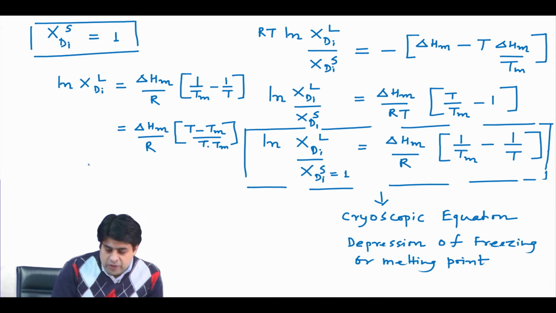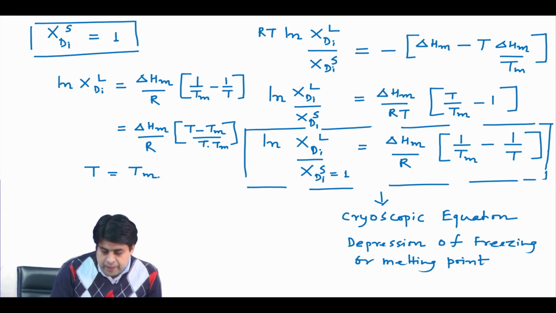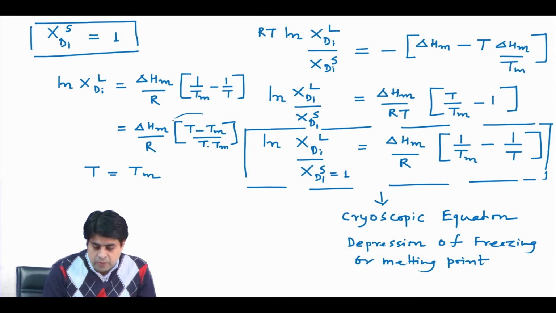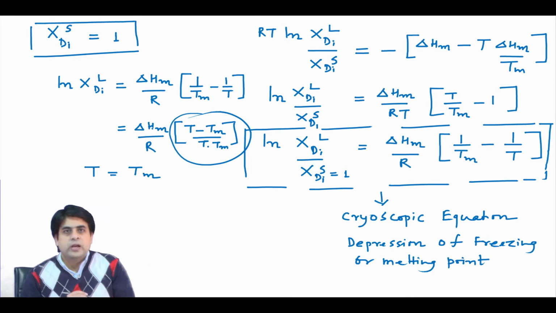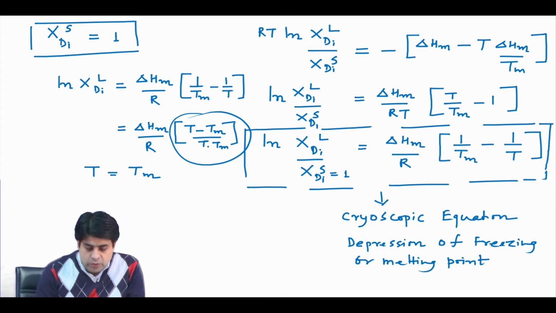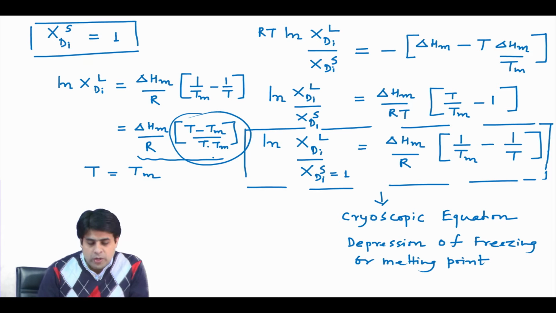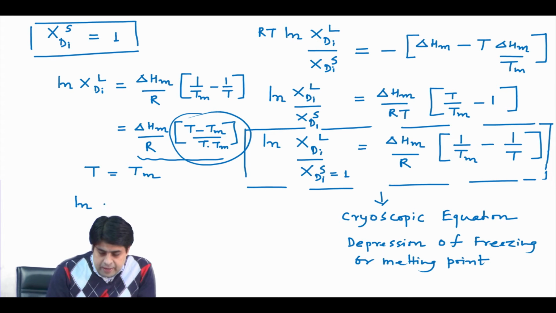So, suppose we have a situation where T is equal to T m. In this situation this term will be 0. When this term is 0, this whole term will be 0, and then our ln x diopside in liquid will be 0. Okay.